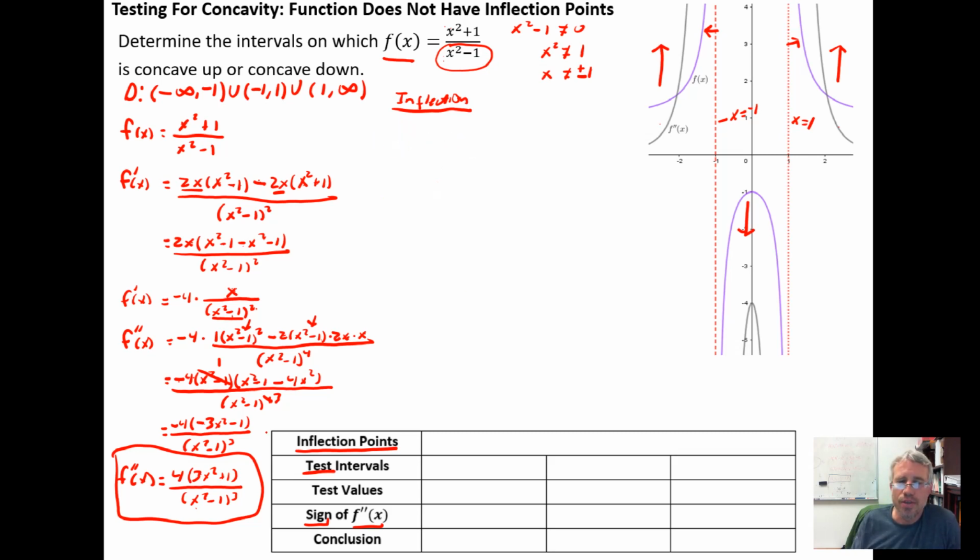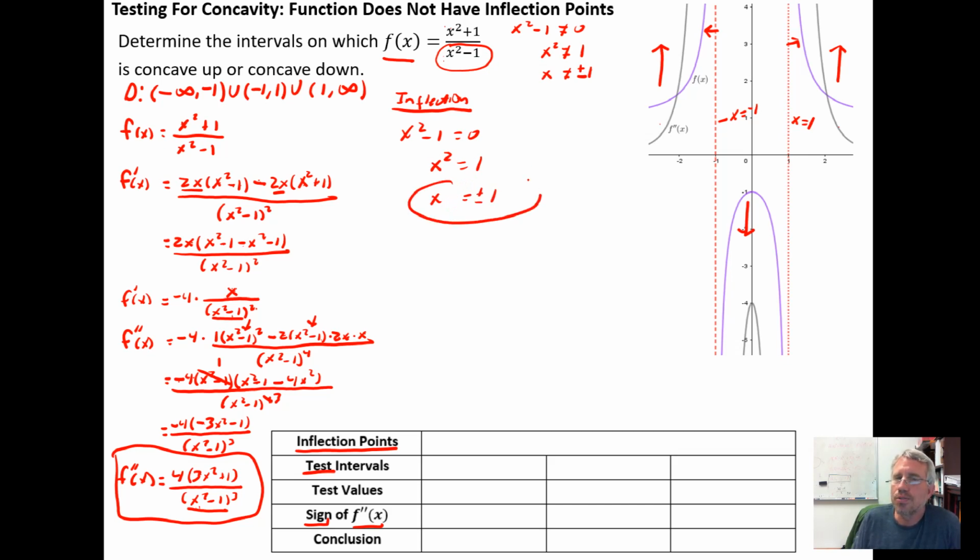So the other thing that can happen is the denominator could equal 0. In this case, the only way for the denominator to equal 0, which would cause an undefined derivative and an inflection point, would be for x squared minus 1 to equal 0. And this can happen because we would get x equals plus or minus 1.